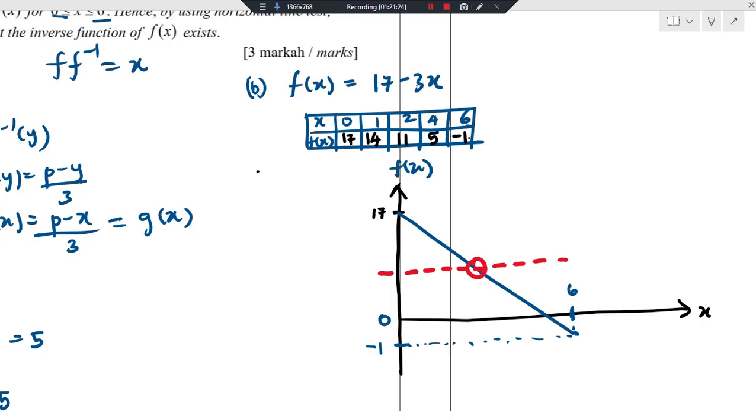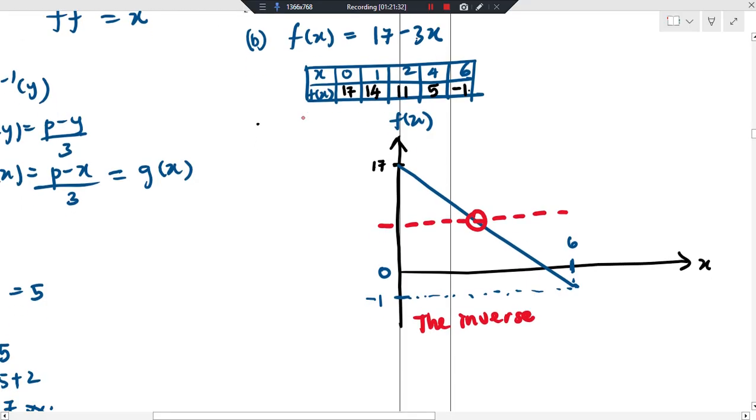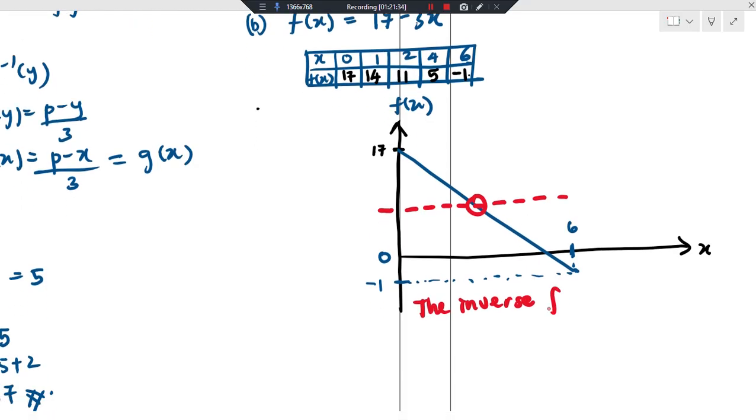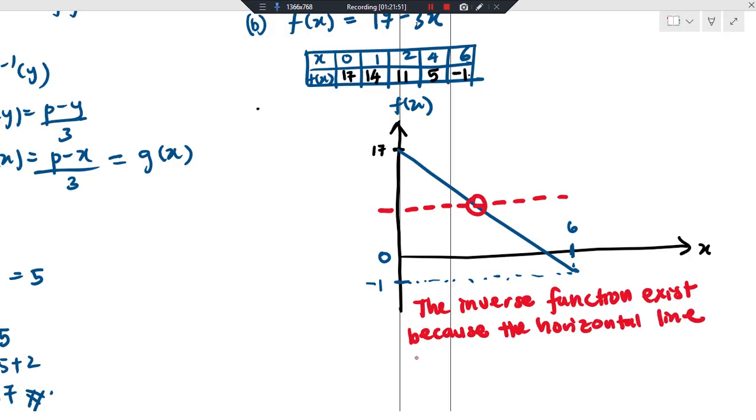because the horizontal line intersects. I write in English first. Intersects at only one point, suggesting f(x) is a one-to-one function.